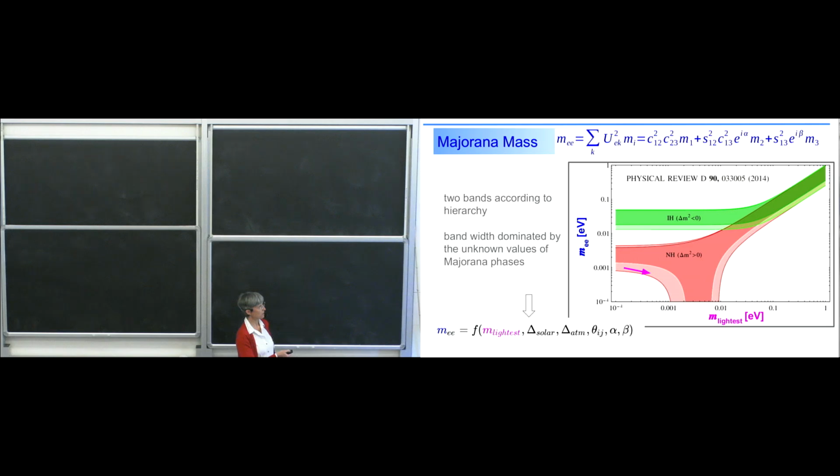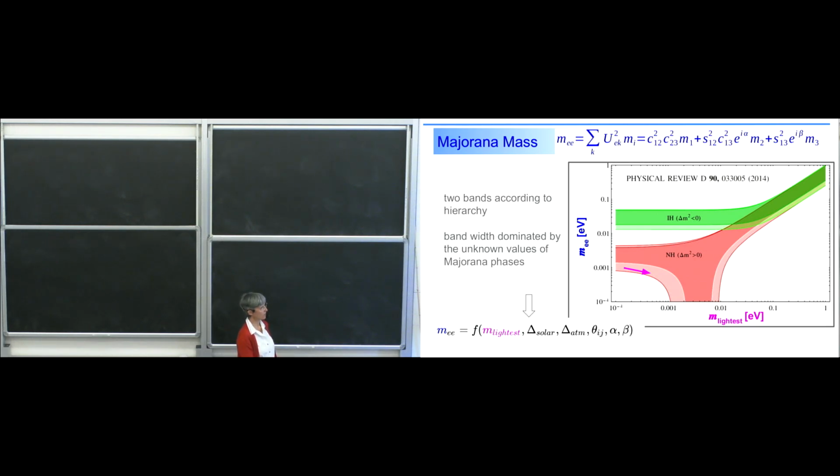This plot shows us the relationship between the Majorana mass and the lightest of the three mass eigenstates. It can be as low as 0.